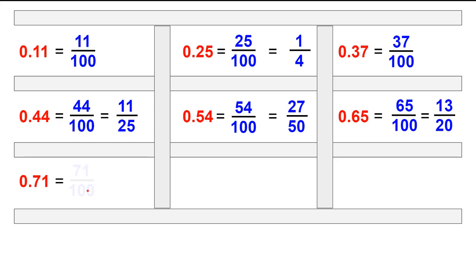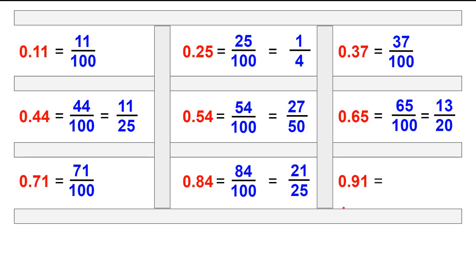0.71 equals 71 by 100. 71 is a prime number, so it cannot be divided by anything aside from 71 and 1, which doesn't help us here. So this is the simplified fraction. 0.84 is 84 over 100. If we divide them both by 4, we get 21 over 25.